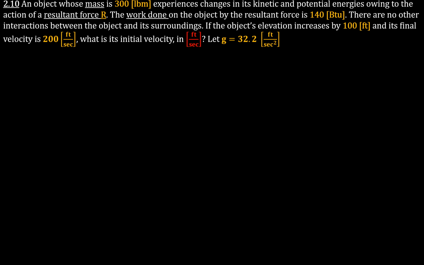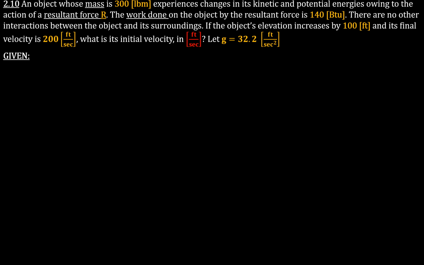There are no other interactions between the object and its surroundings. If the object's elevation increased by 100 feet and its final velocity is 200 feet per second, what is its initial velocity in feet per second? Let g equal 32.2 feet per second squared.